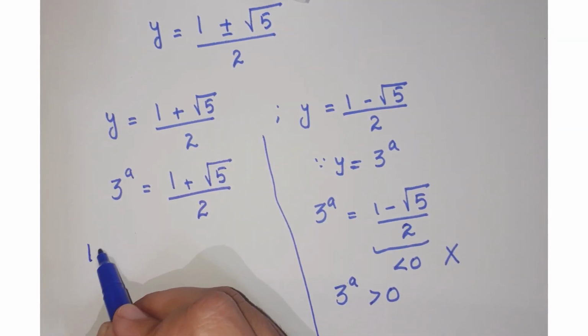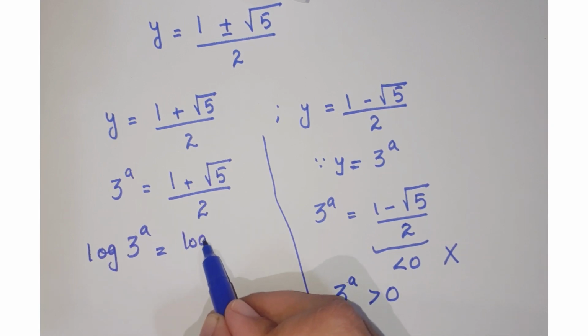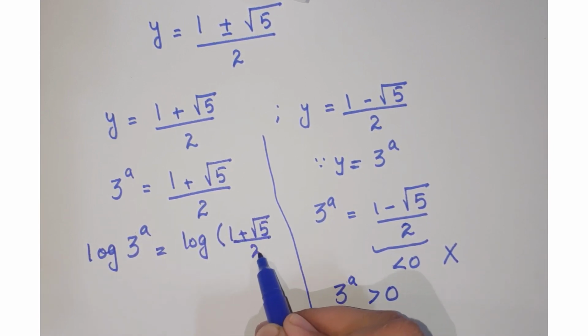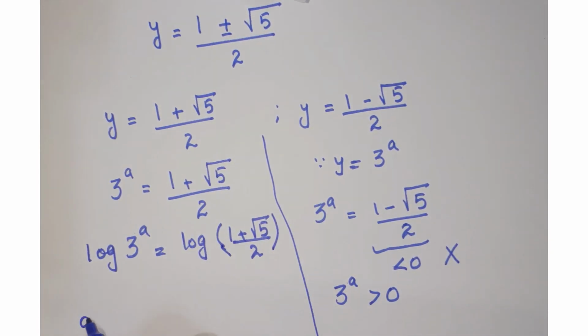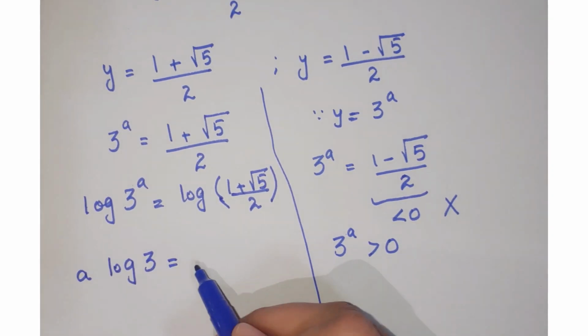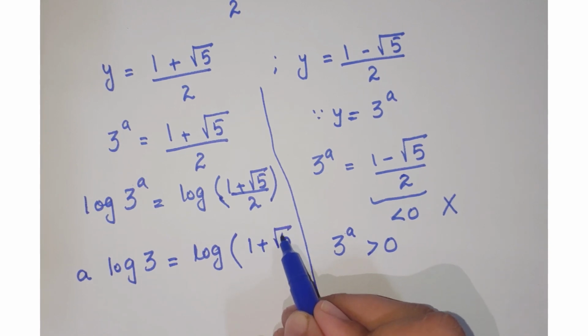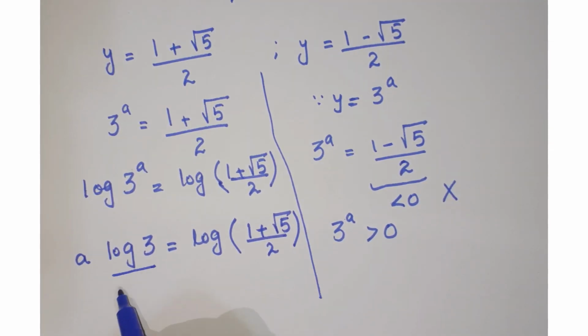Now taking log on both sides, we get a log of 3 is equal to log of (1 plus under root 5 upon 2). Now divide by log of 3 on both sides.